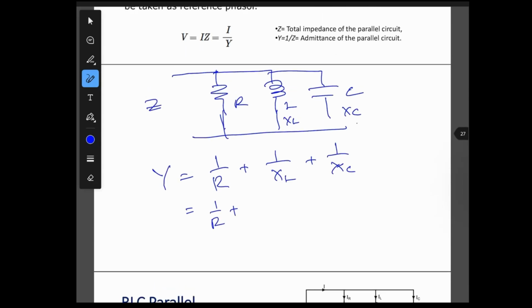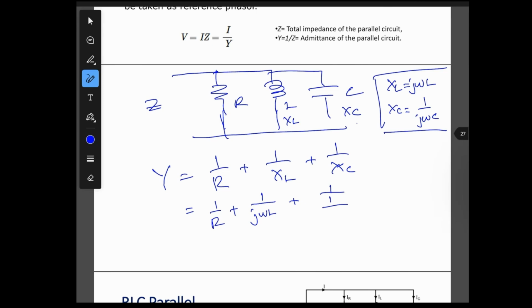We know that XL is equal to j omega L, and XC equals 1 over j omega C. So 1 over XL is equal to 1 over j omega L, plus 1 over XC, which is 1 over 1 over j omega C.